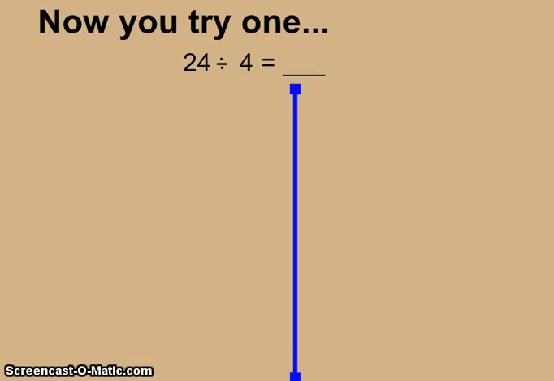Here we go. I'm going to divide 24 by 4. So I'm going to put my 24 into 4 equal groups. So I'm going to put a group up here, 1, 2, 3, 4. And I will keep going until I have used 24.